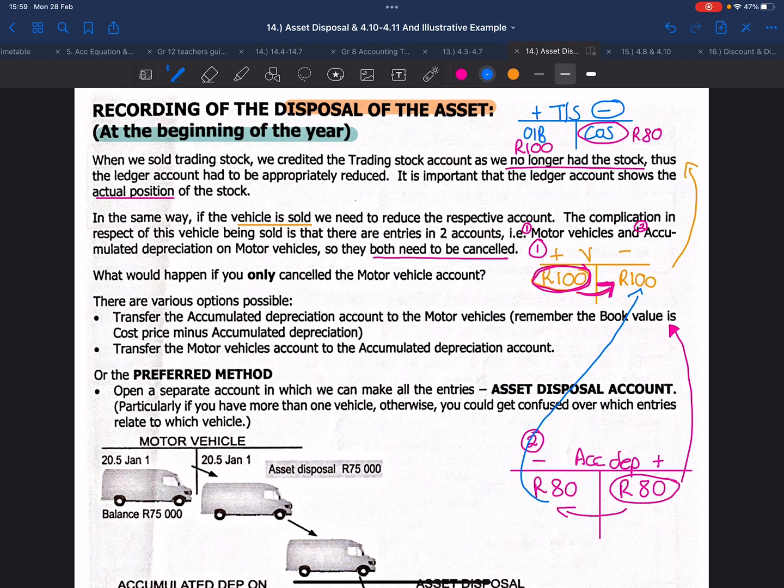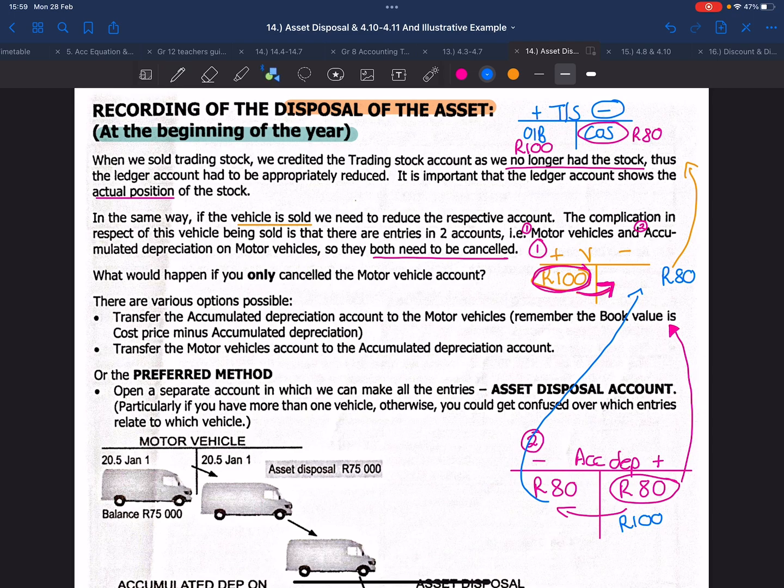So if you had to do that and take it to there, then it would reflect the carrying value of your vehicles. Or transfer the motor vehicles account to the accumulated depreciation. So you would then account for the vehicle in the accumulated depreciation.